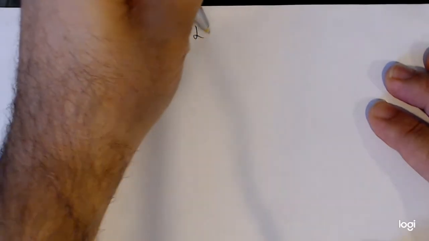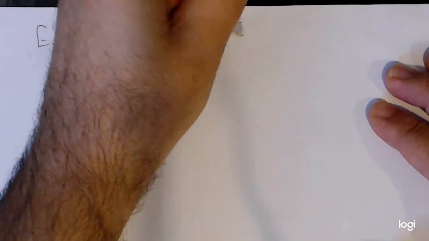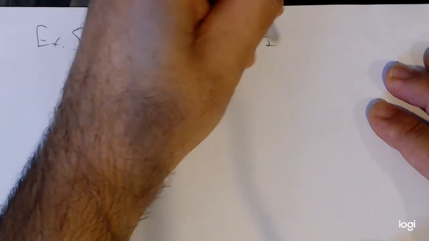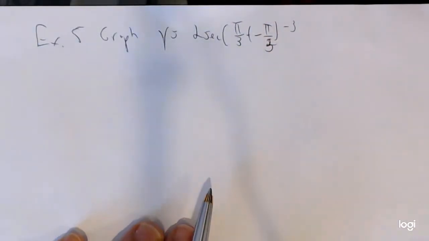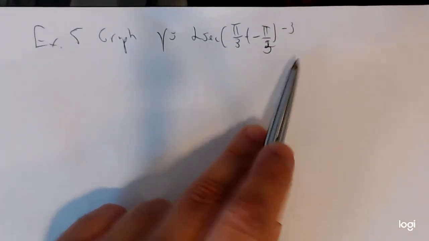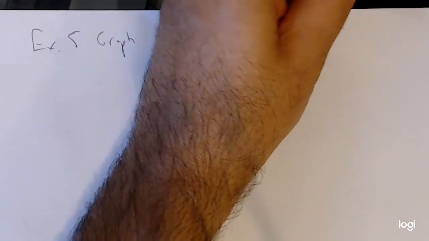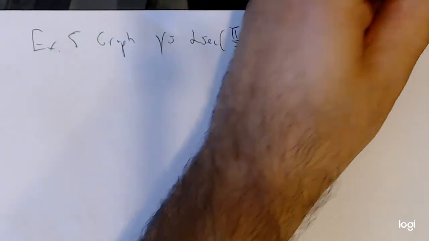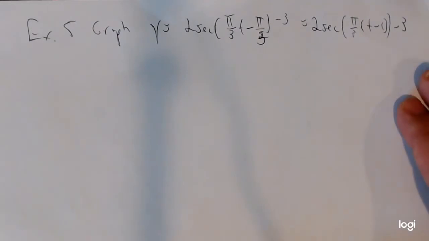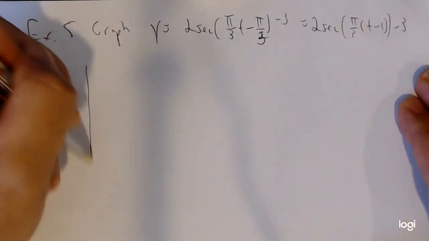For example 5, graph y equals 2 secant of pi over 3 t minus pi over 3 minus 3, which if I rewrite this, it'll be 2 secant of, factor out the pi over 3, which leaves me with t minus 1, minus 3. Okay, so if I do this, then let's start off with the graph of secant.